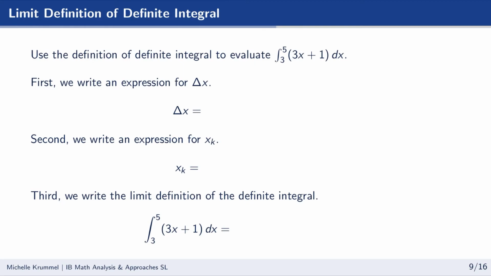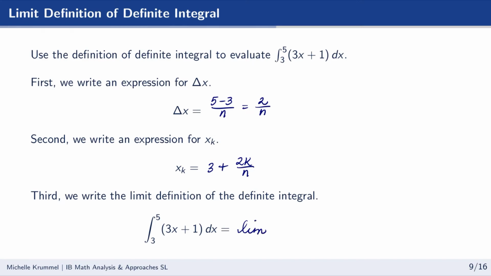So the first thing we're going to do is translate this into that Riemann sum form. Our delta x, well, our interval goes from 3 to 5. So 5 minus 3 over n, or 2 over n. Our x value will be our starting value, which here is 3, plus k times delta x. So k times 2 over n. And then once we know those two things, it's very easy to translate this.